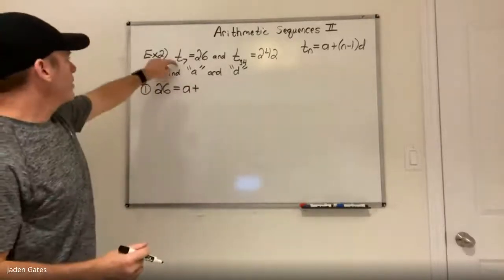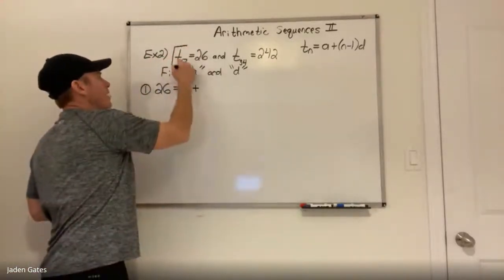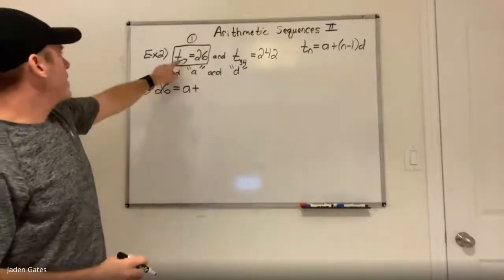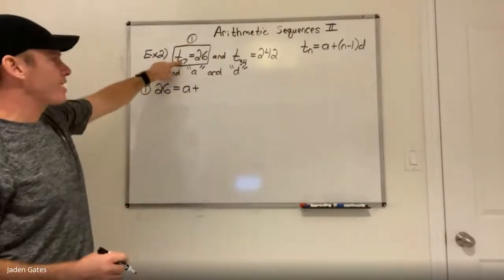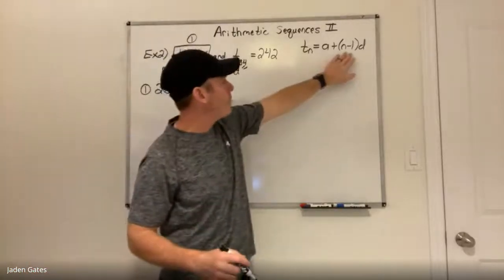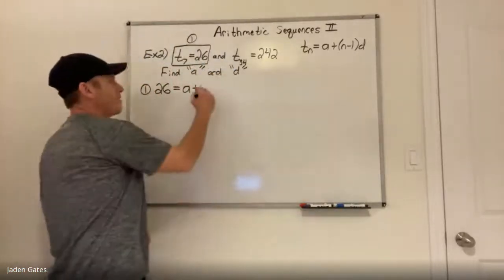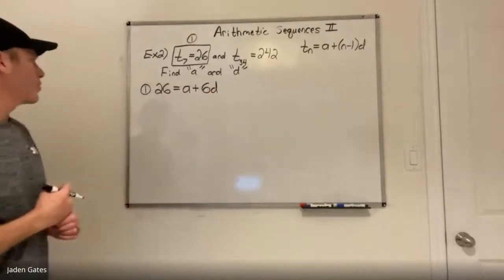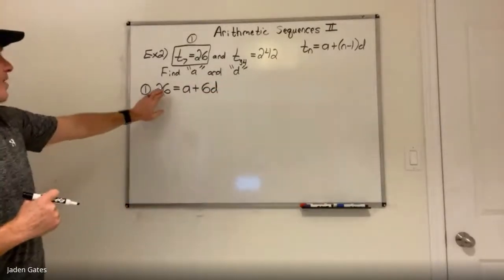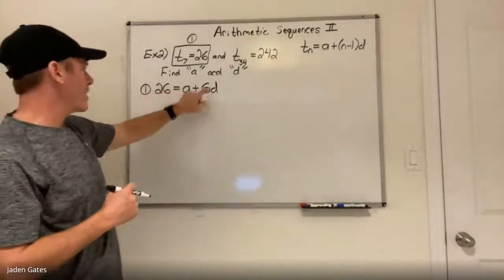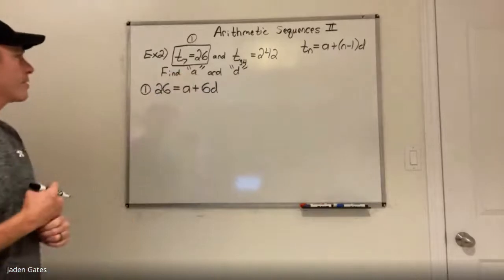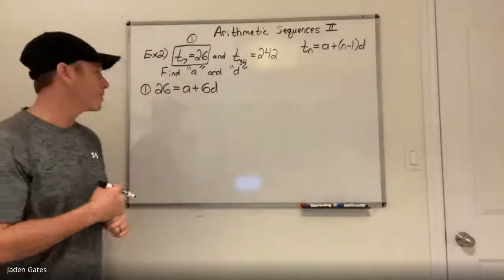I am looking specifically at this term right here to come up with this first equation. n is 7 because we're looking at the 7th term here. So my formula of n minus 1, well, 7 minus 1 is 6. So there's my first equation: 26 equals A plus 6D.